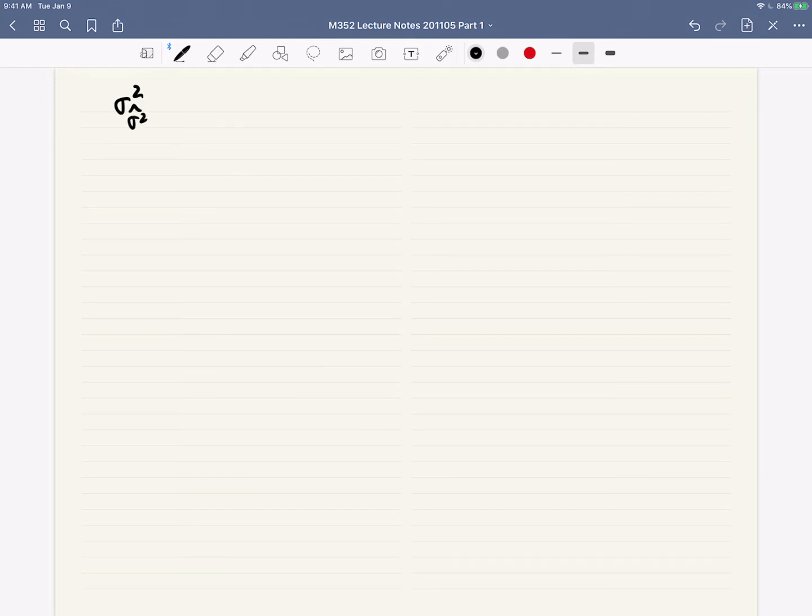Let's look at this number here. The variance of our estimator, what do we do for this? Our estimator is a multiple of our sample variance. So by properties of the variance that we talked about last time, we have this. And our claim tells us what this is. I'm looking at my notes.